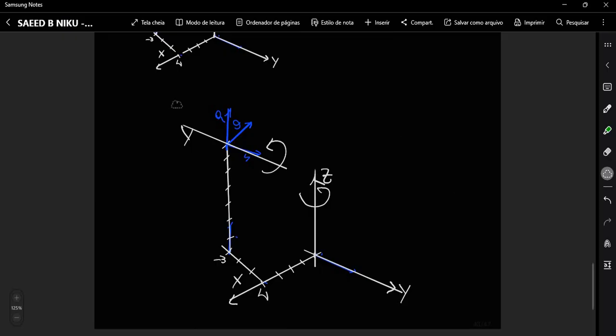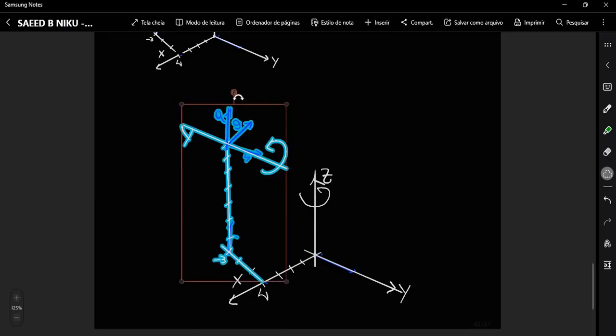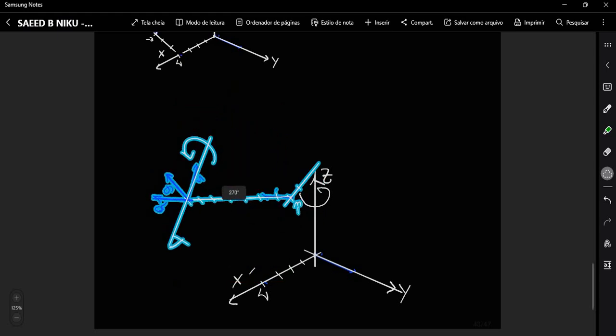Let me try and rotate this whole structure 90 degrees.